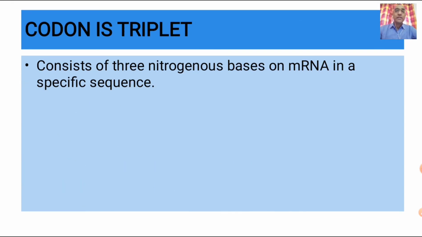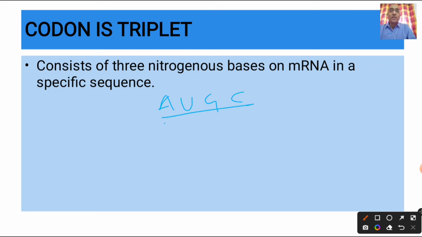The genetic code is triplet. The code consists of 3 nitrogenous bases on mRNA in a specific sequence. If we take the 4 nitrogenous bases, A, U, G, C, found in mRNA, how do you represent them in a codon?